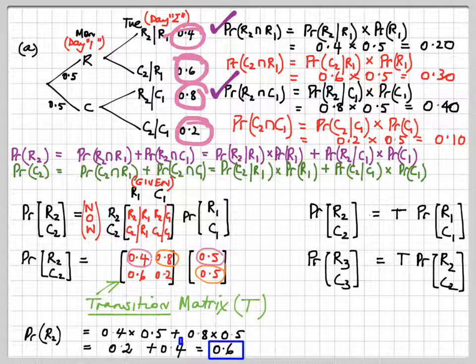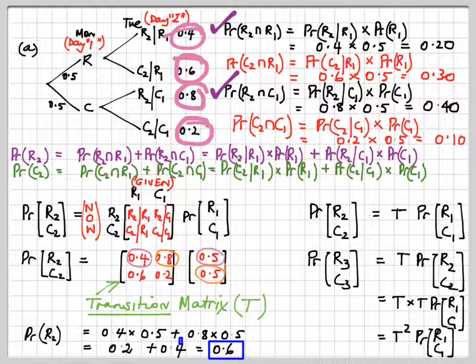But hang on a second, day 2 in the line above has been expressed in terms of day 1. So let us substitute the day 2 situation from the line above in terms of the day 1 situation. What do we get? We get that. In other words, we've got T squared times the probability of riding and taking the car on day 1. So are you getting this?